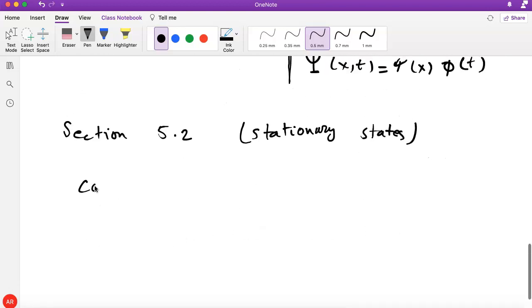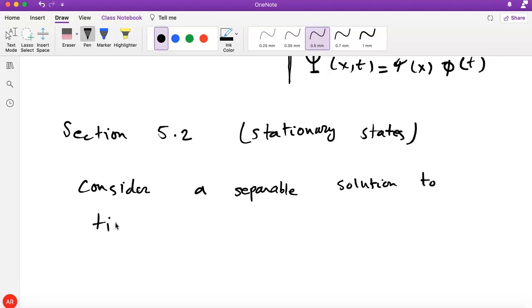Okay, so consider a solution of the Schrodinger equation that can be written as a product of a spatial part and a temporal part. And this technique is called separation of variables. So consider a solution to the time-dependent Schrodinger equation.